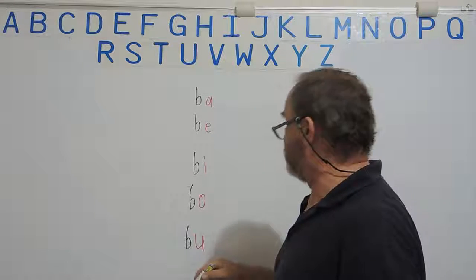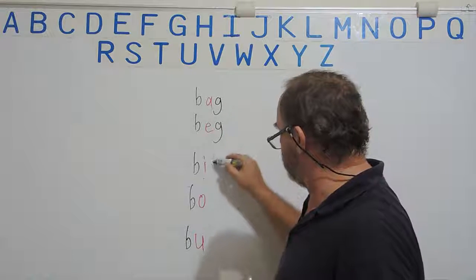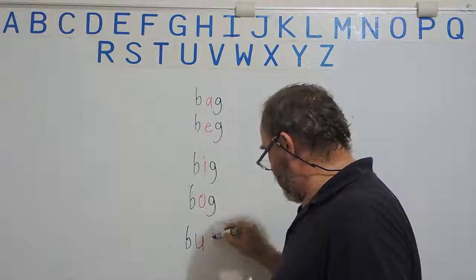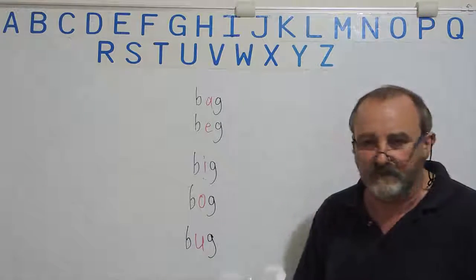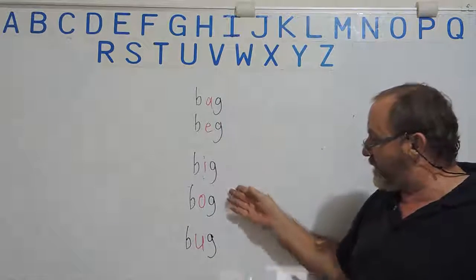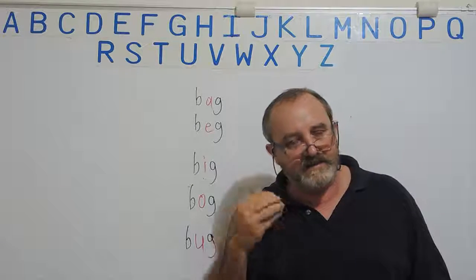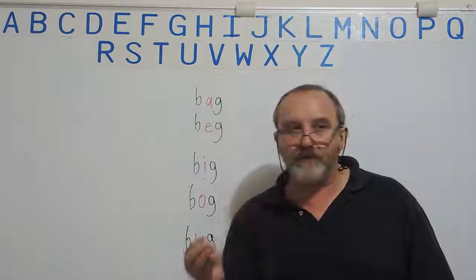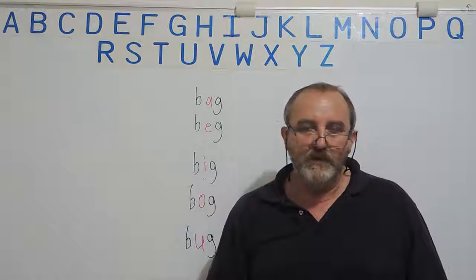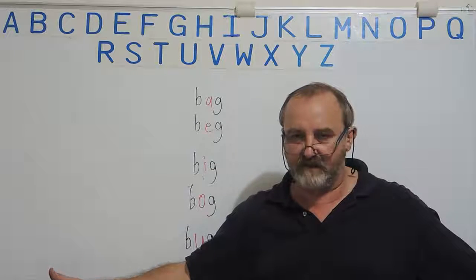And that doesn't mean too much, so let's add another consonant. Let's add a G to the end of all of them. And if I do that, I come up with five words. Bag, beg, big, bog, bug. Each one of those is a word, and each one has a distinct meaning. If you mispronounce a vowel, you possibly change the whole meaning of what you're saying.